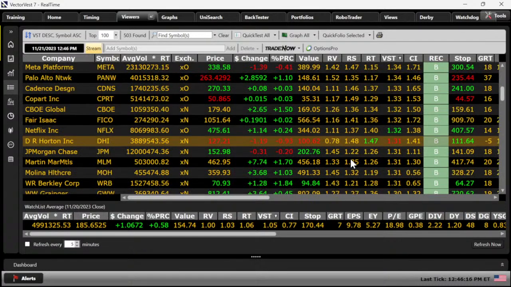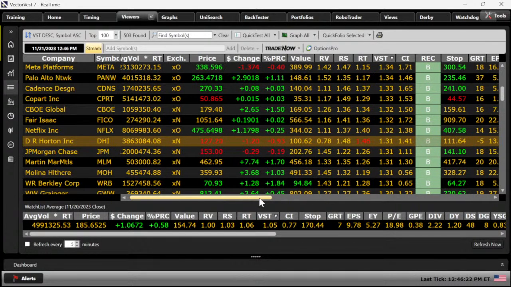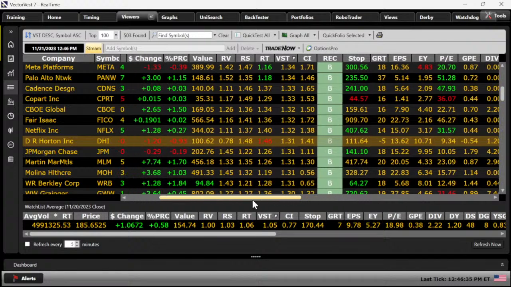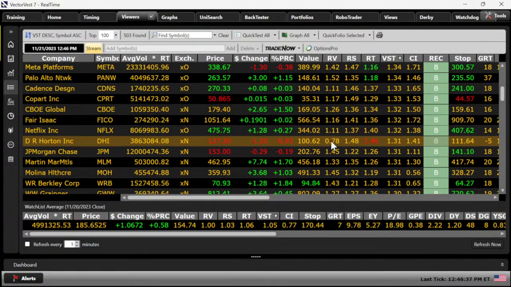In this case, DHI, a little bit overvalued. Don't love the long-term upside potential with the RV of 0.78, and this is a big reason why, because their earnings growth rate is -5%. Okay? Negative or poor earnings growth will affect the long-term potential of that stock's price.